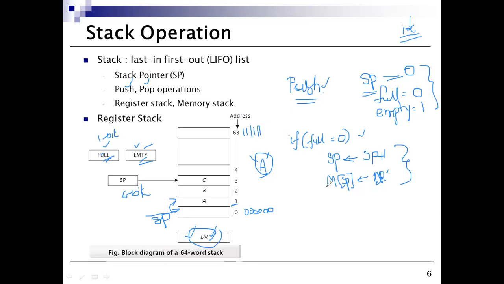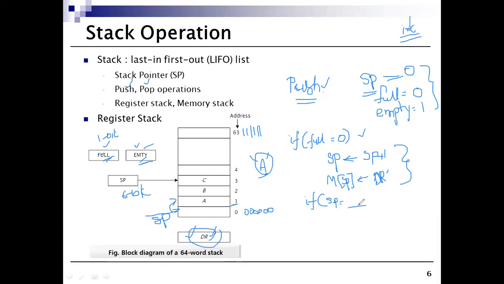After the push operation, consider how many pushes it can accept. It can load until your stack is full. When can I know that my stack is full? What is the condition? I have to check after every push operation. Every time I have to check my stack pointer value.